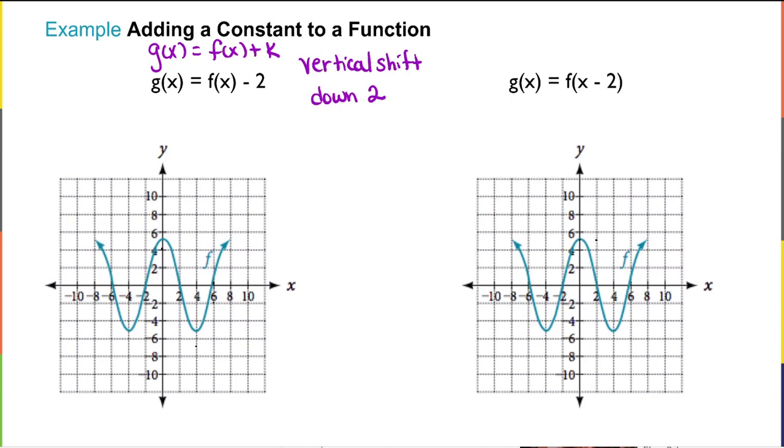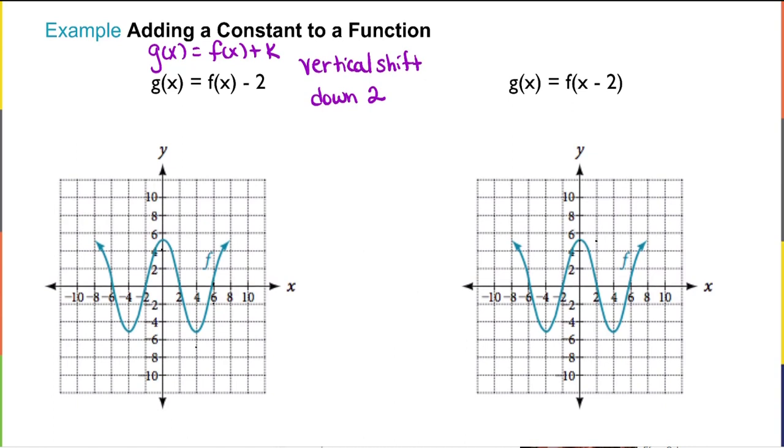So all we need to do is take each point on the graph and move it down 2 spaces. So let's see. Okay. So what we're going to do is pick several points on this graph that would be easy to shift. So take that point, this point, this point, this point, and this point. And we're going to shift these points down 2.